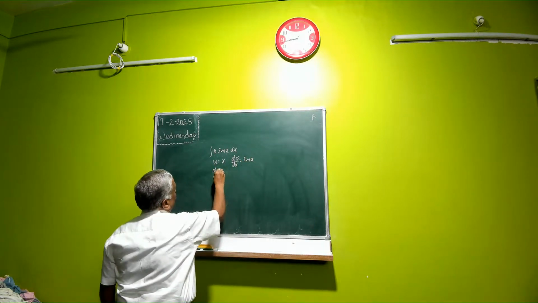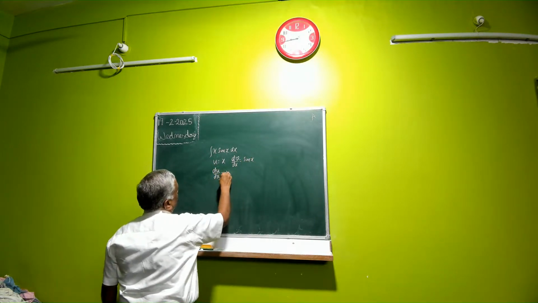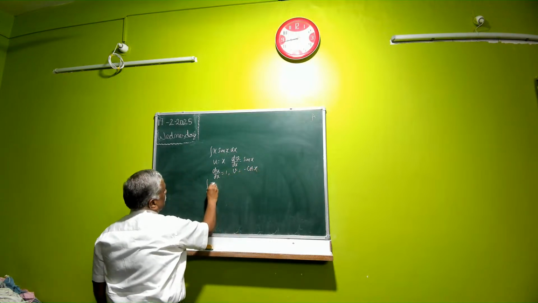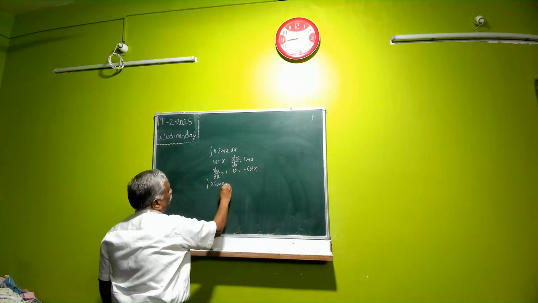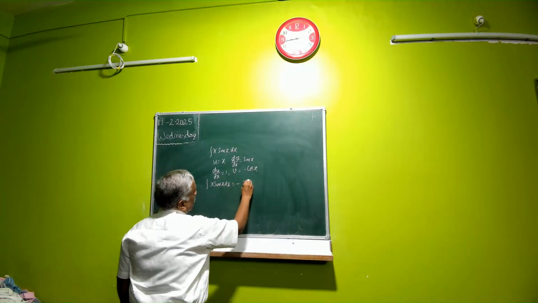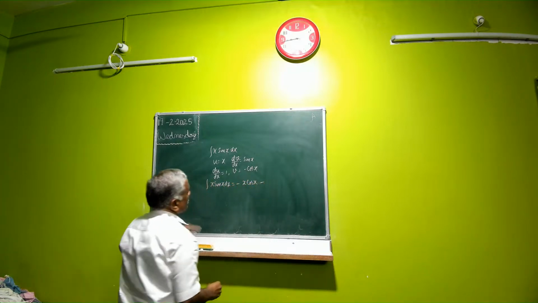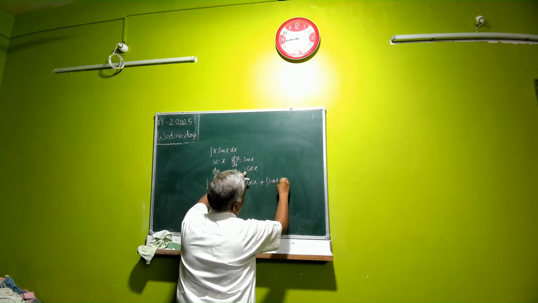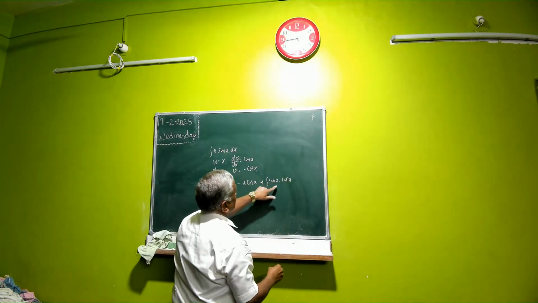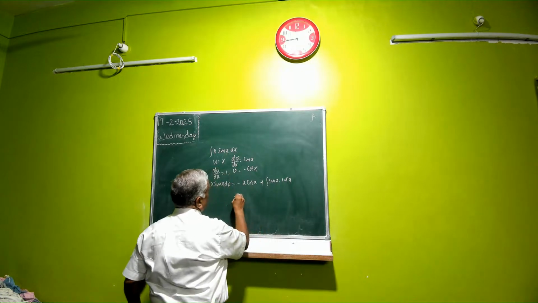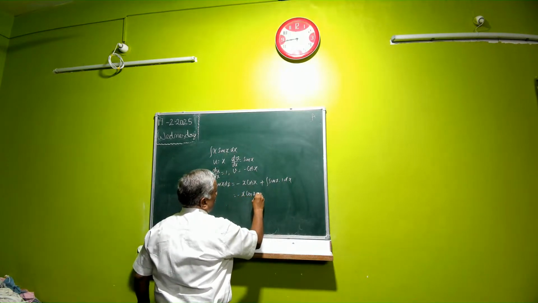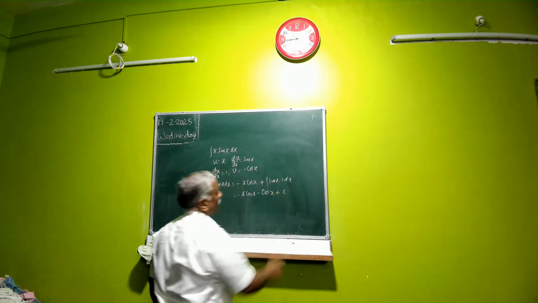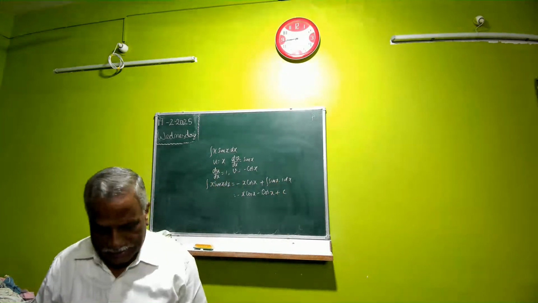Du by dx is equal to 1. V is equal to minus cos x. So use the formula: uv is minus x cos x, minus the integral of v du, which is plus cos x into 1 dx, where 1 is du by dx. So this is minus x cos x plus integral of cos x, which is sin x.